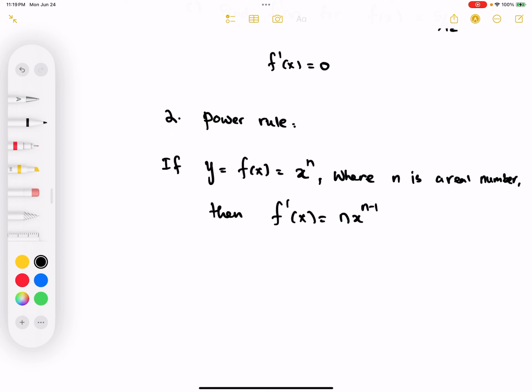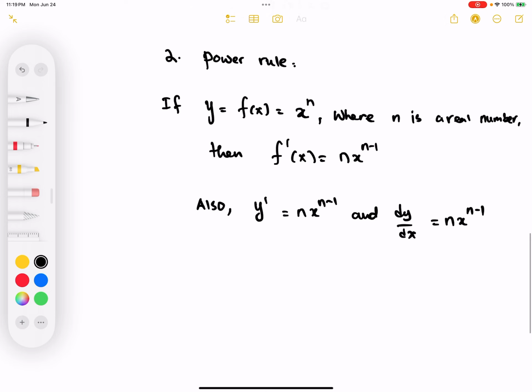Or we can use this notation, dy by dx is n x to the n minus 1. So we can use different notations for derivatives, so please don't be confused if we use one of the notations. Let us elaborate this one by example.